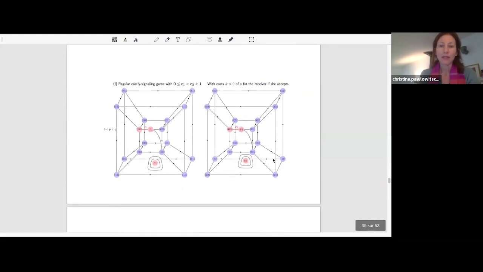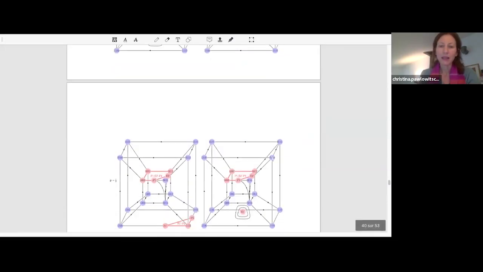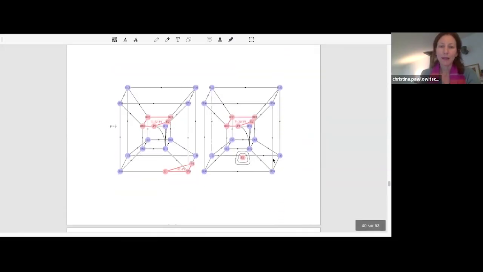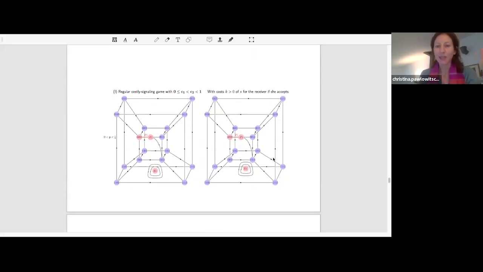So that's why maybe let me show only one slight variation, and I'm done in 1 minute. This is work in progress.